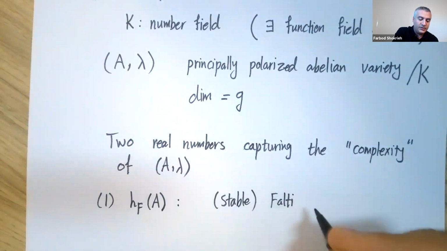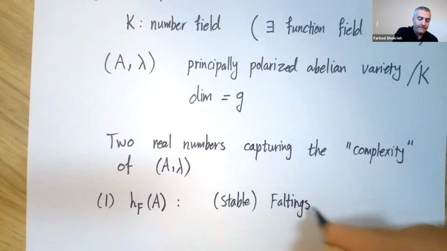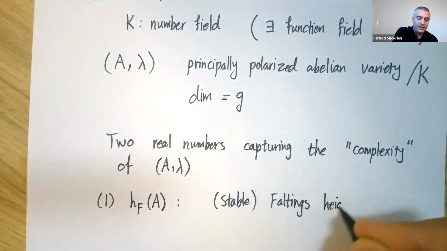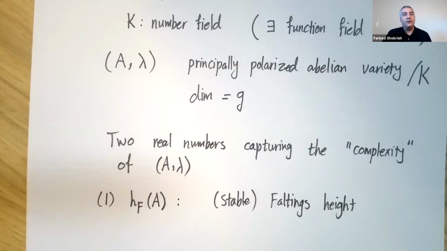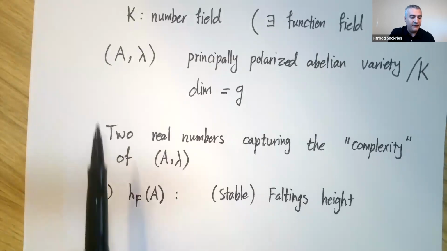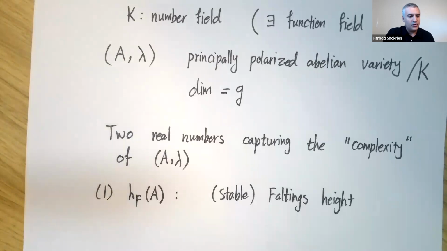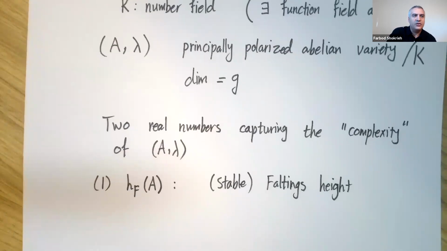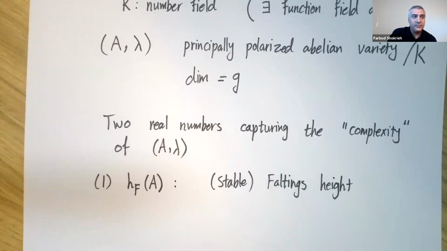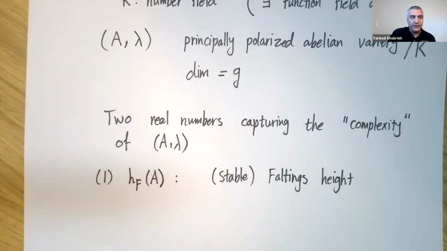It was introduced in his work on the Mordell conjecture. And this doesn't even depend on the polarization. So it's just an invariant of A. I will show you how this is defined in a moment, but for now, I just want to introduce the big picture. So there is a number that was useful for arithmetic considerations.